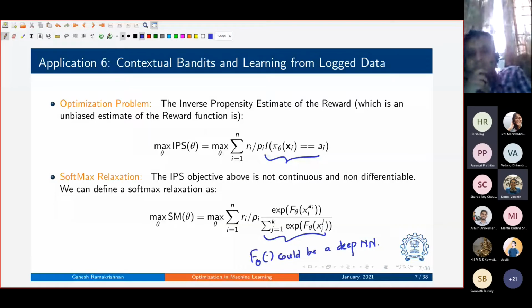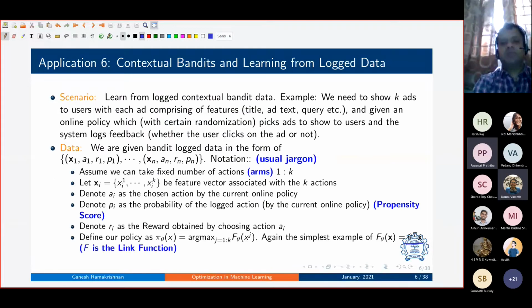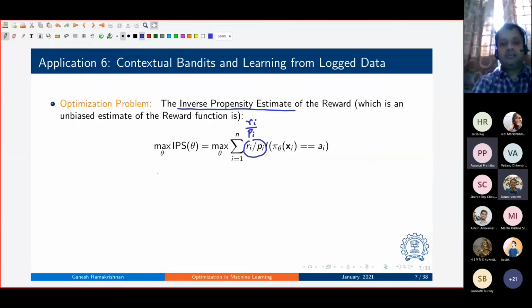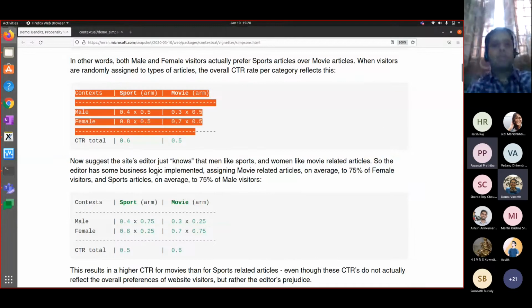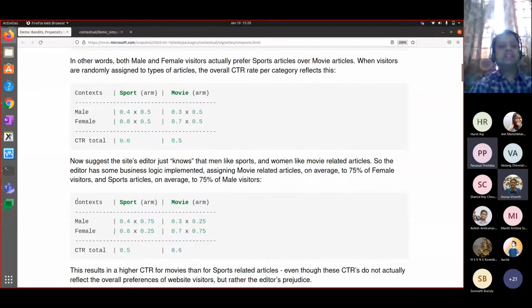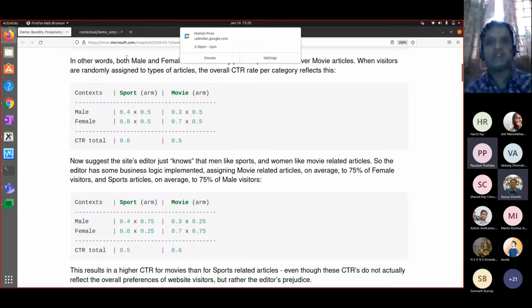Sir, one more thing: do we know that P is always given? Is there any case where we may not know P? That's a good point. We may not be given P, in which case you could just take it to be uniform. But the kind of matrix we showed is in the interest of the ad agency, the book agency, the library or whatever.